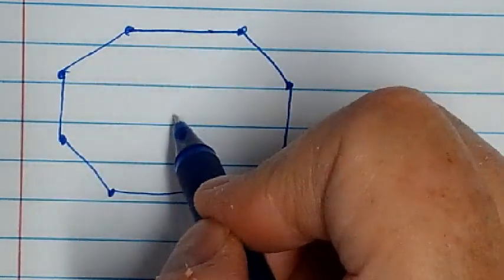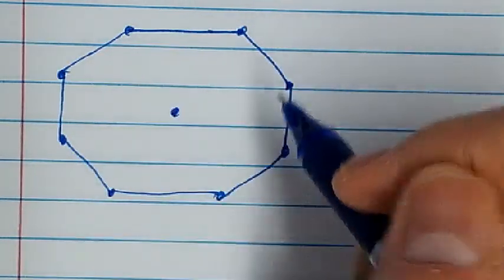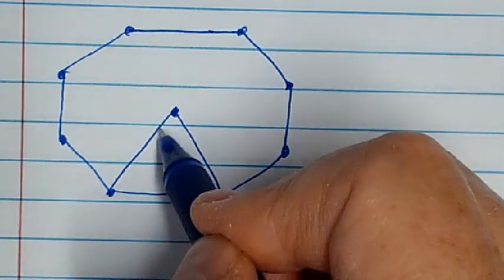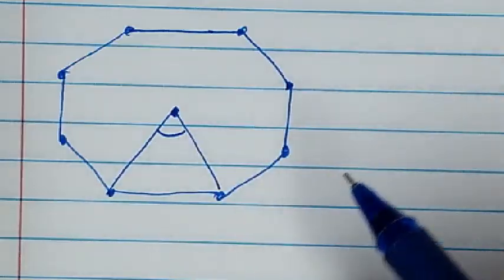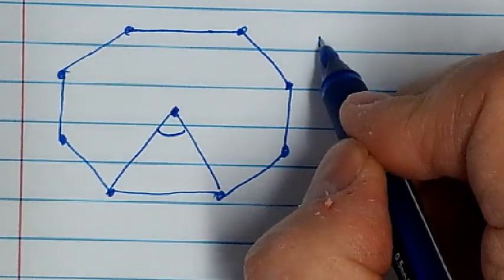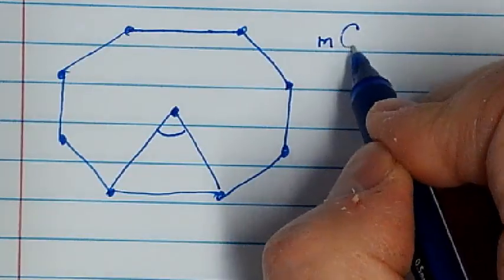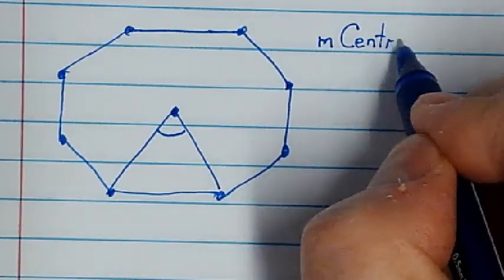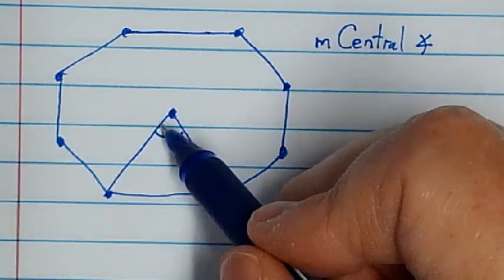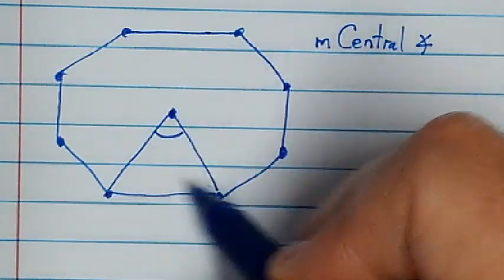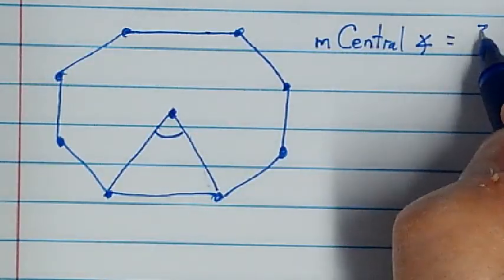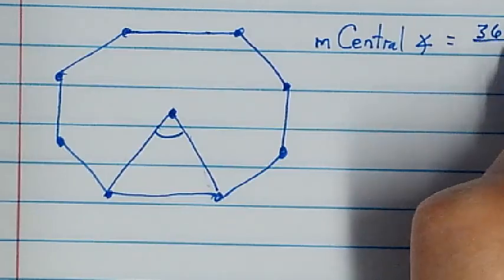Now, if I show the center and I draw a radius here and a radius here, that is the central angle. Now, the shortcut was the measure of a central angle, which we said was formed by two radii and the center, equals 360 divided by n.